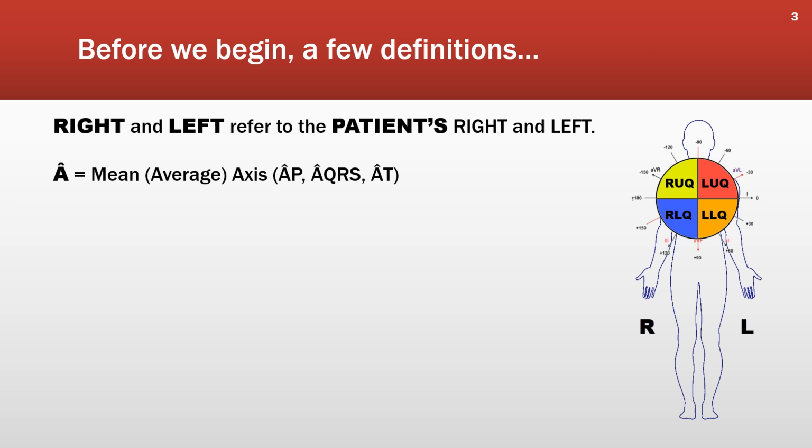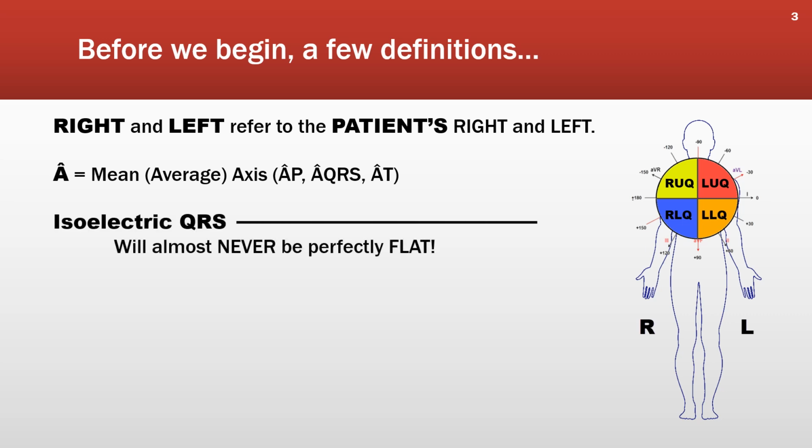Now, the A with a little caret over it means the mean axis or average axis. You can have a mean P axis, you can have a mean QRS axis, or you can have a mean T axis. An isoelectric QRS will almost never be actually perfectly flat.